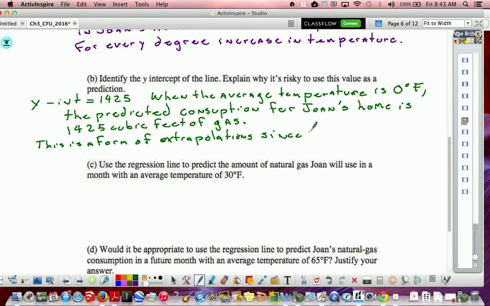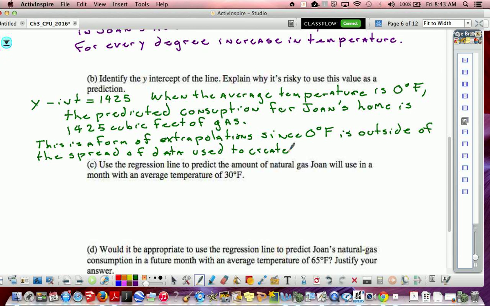Since 0 degrees Fahrenheit is outside of the spread of data used to create our least squared regression equation.